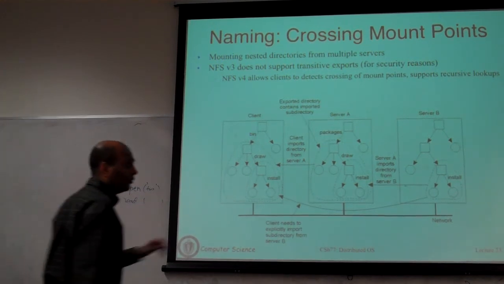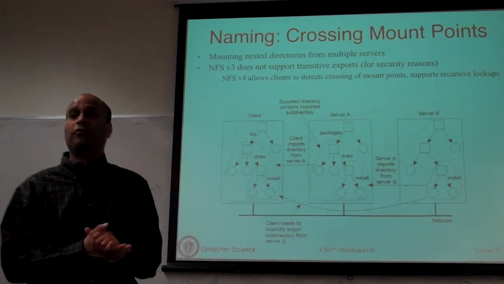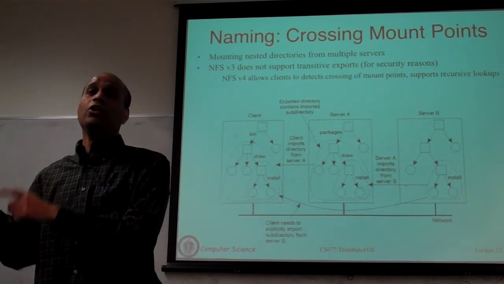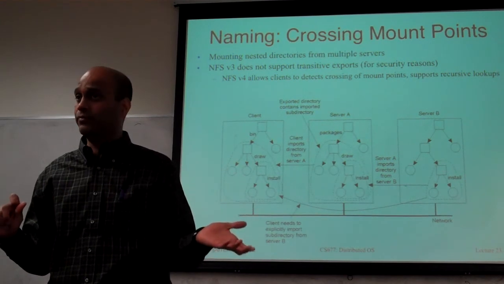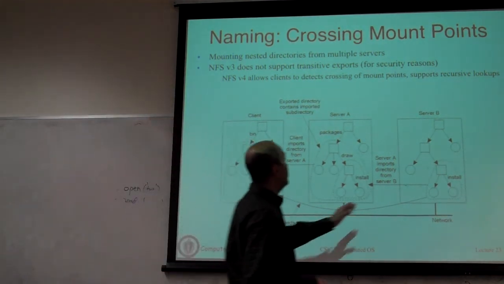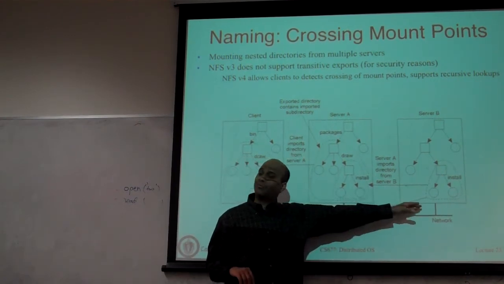So as it turns out, NFS does not allow transitive mounts. If one machine mounts files from another machine and exports some other files, you do not get access to the first machine's files directly. Because that's a security risk. Typically when server B has exported these files to A, it's telling server A that you can access my files.